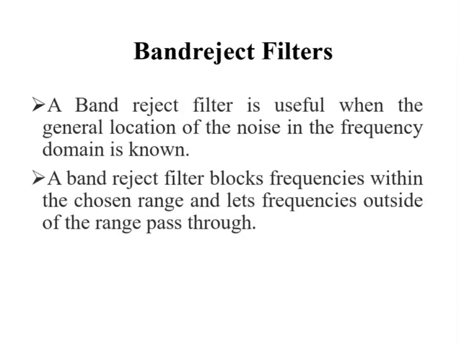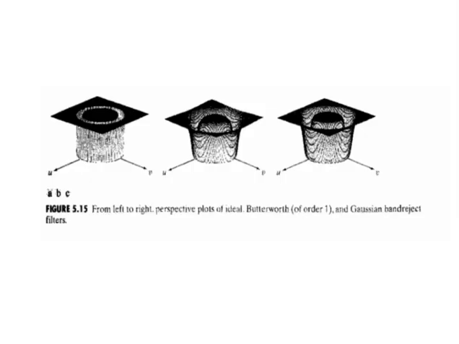A band pass filter performs the opposite operation of a band reject filter. The transfer function H_BP(u,v) of the band pass filter is obtained from the corresponding band reject filter with transfer function H_BR(u,v) by using the equation H_BP(u,v) = 1 - H_BR(u,v).